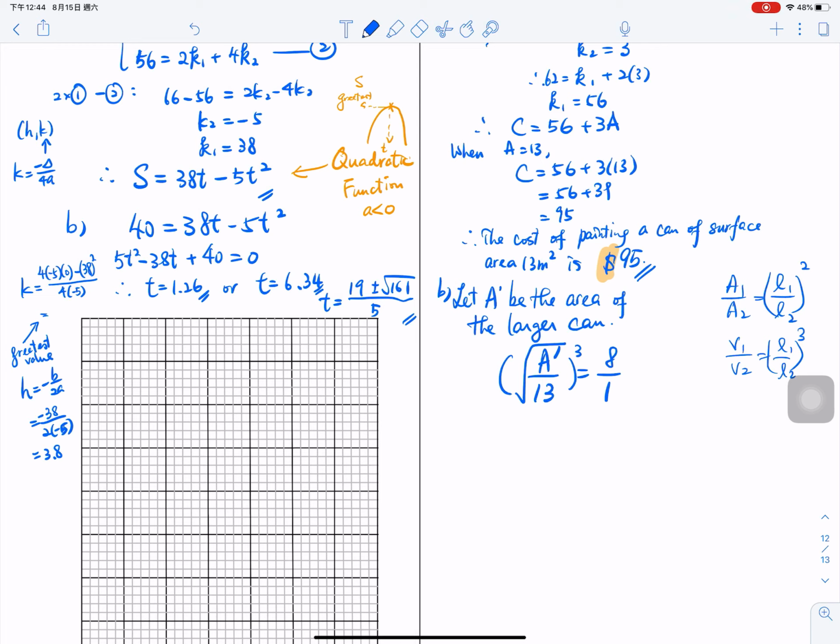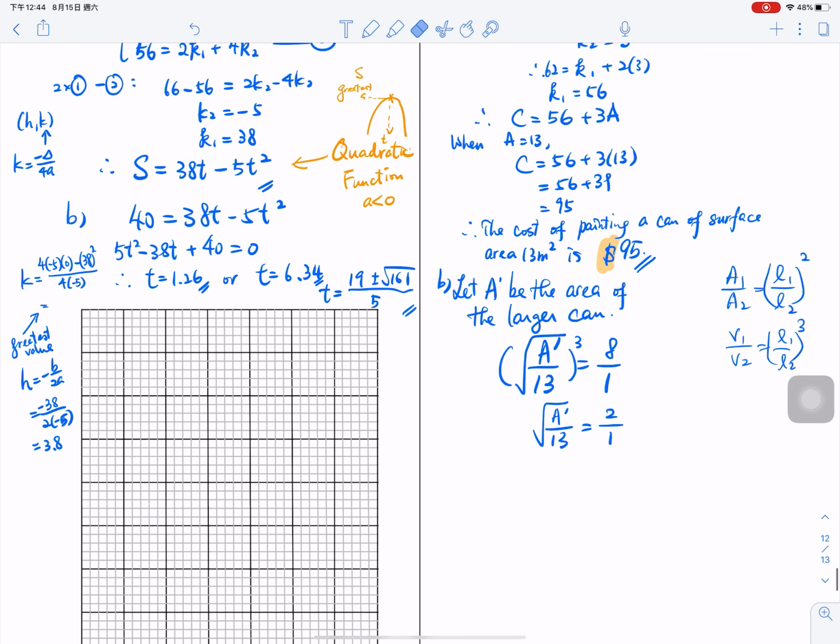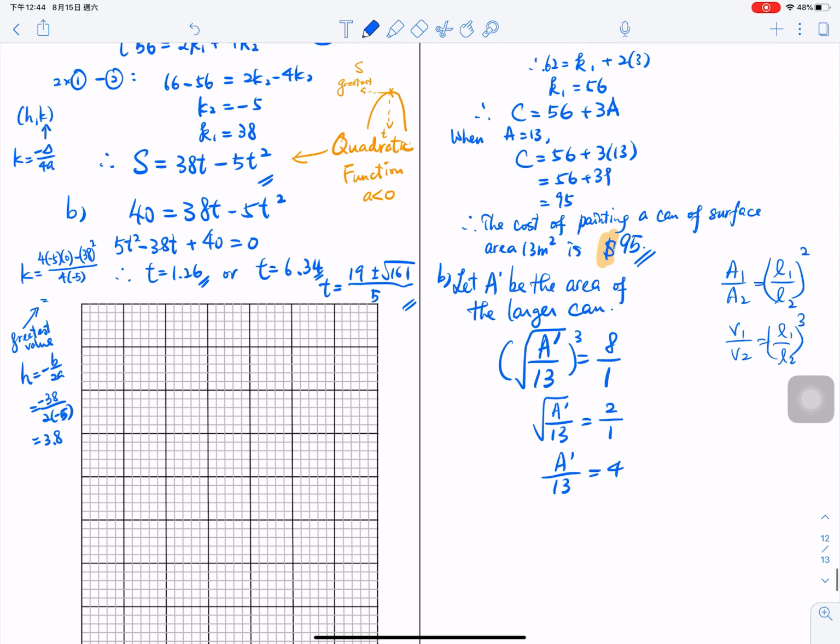So as a result, both sides take cube root first, A pi over 13. This one takes a cube root, that means 2, and then take square, so A pi over 13 equals 4, right? So A pi equals 52.